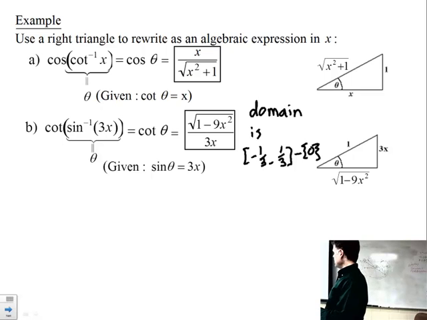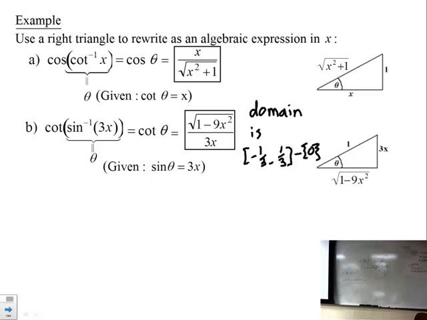The other way to see it is that if you have the composition of two functions, to be in the domain you have to be in the domain of the first function, and then that output has to be in the domain of the second function. And the cotangent of 0 is not defined. It's infinity, one of those asymptotes. All right, so we've got to exclude it.